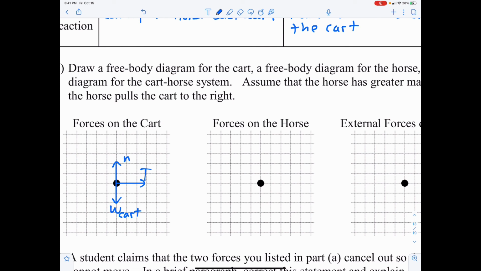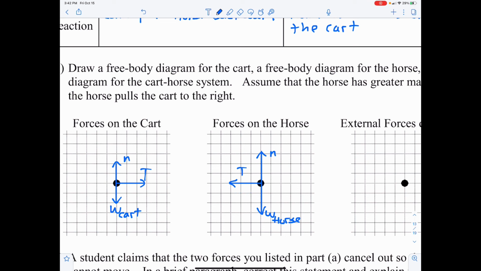Now the horse itself is going to have a much larger weight. So I'm going to put a few units. I'm going to make it a little longer. So we have the weight of the horse balanced by the normal force acting on the horse. You have a tension. The tension that pulls on the cart pulls on the horse by the same amount.